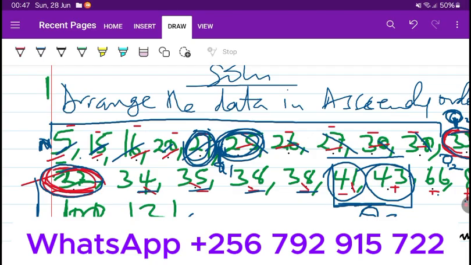This 5 was our minimum value, but since it is an outlier, it can't be a minimum value. So what you do, you pick the next value. An outlier can't be a minimum or a maximum value.